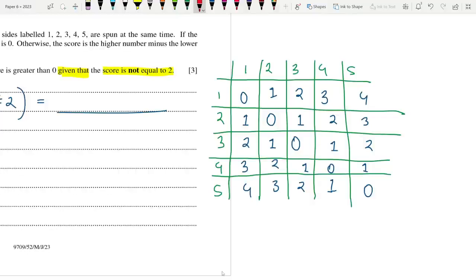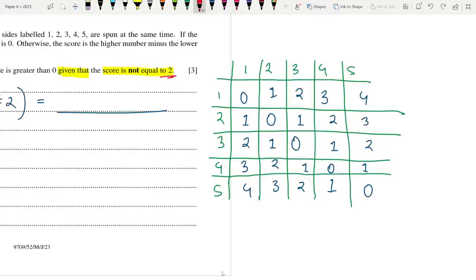So where is our score not equal to 2? Basically all of them, right? Except these ones, 1, 2, 3, 4, 5, 6. Except these 6, all of them are valid.